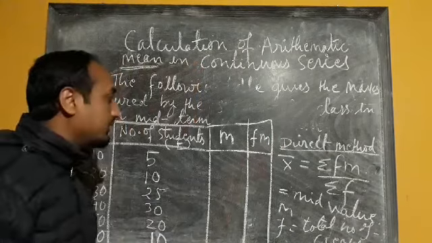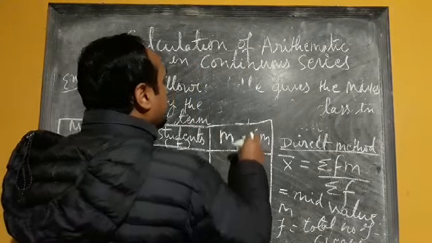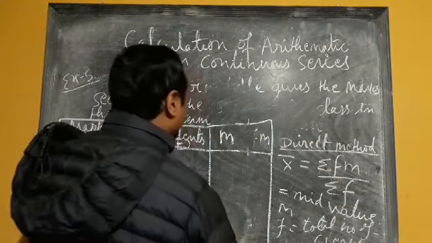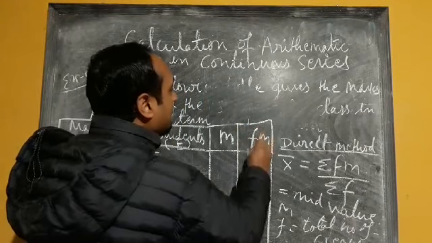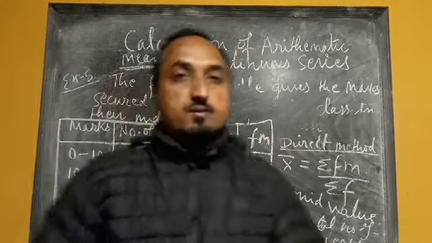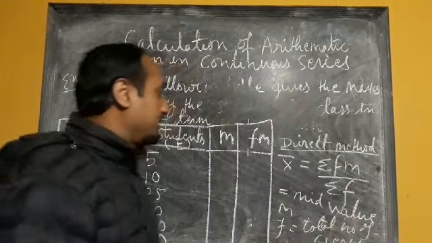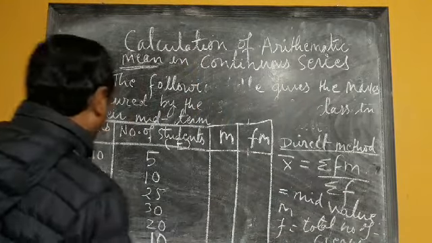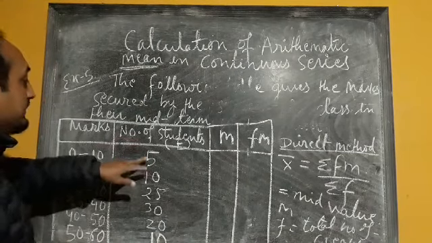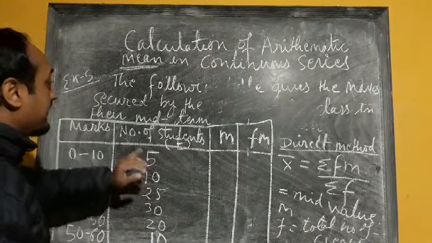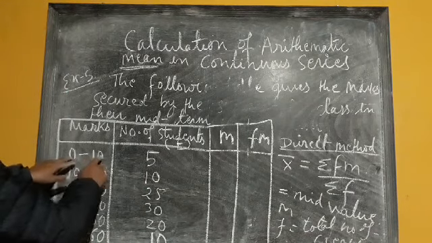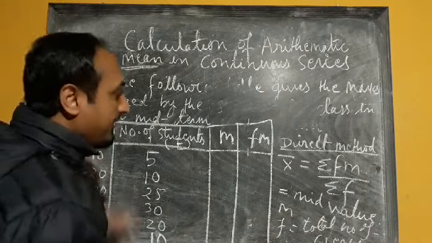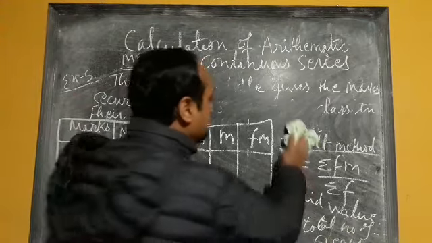So first we will calculate the value of m, that is mid value, and then we will multiply the frequency and mid value to get this fm. Now number of students is our value of f. In the first case, marks is given 0 to 10.